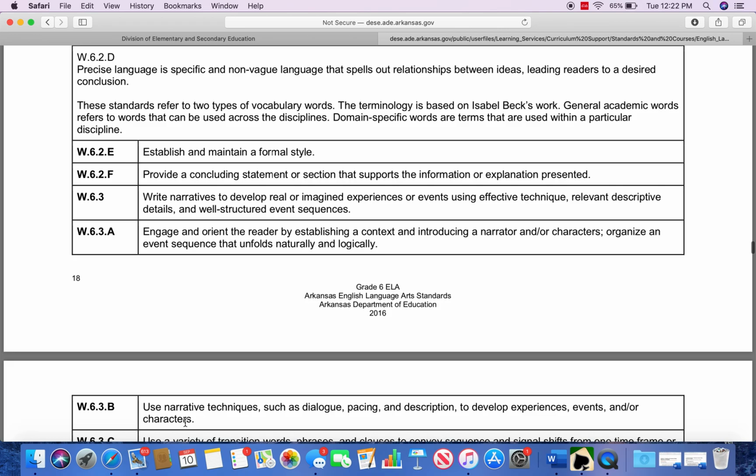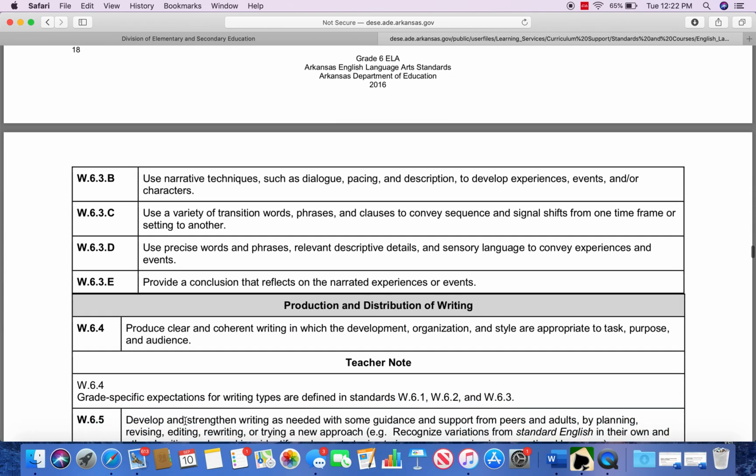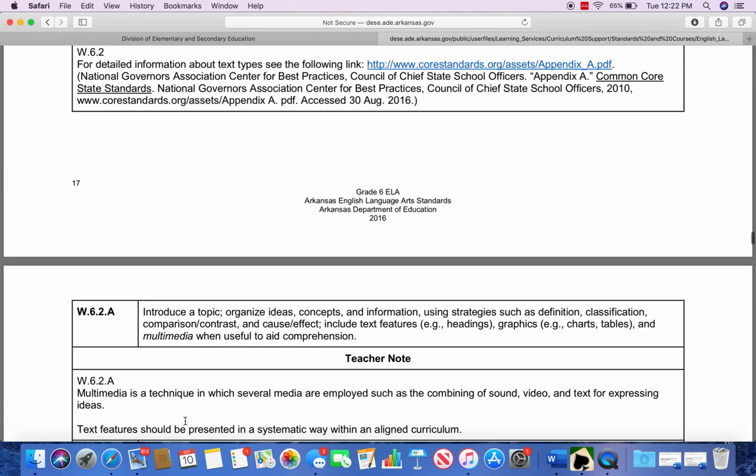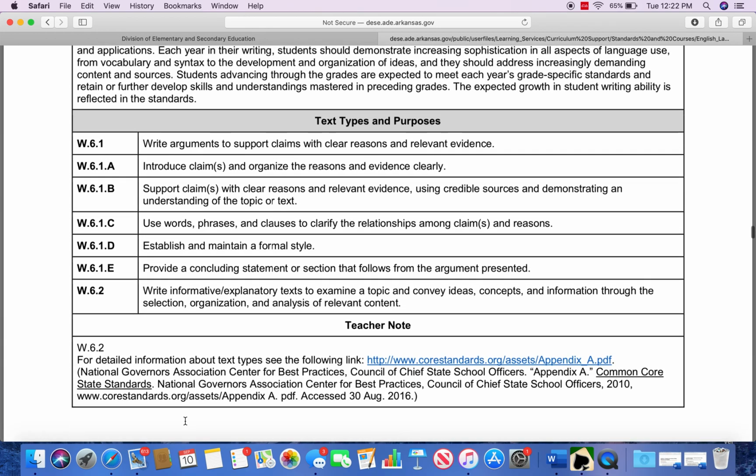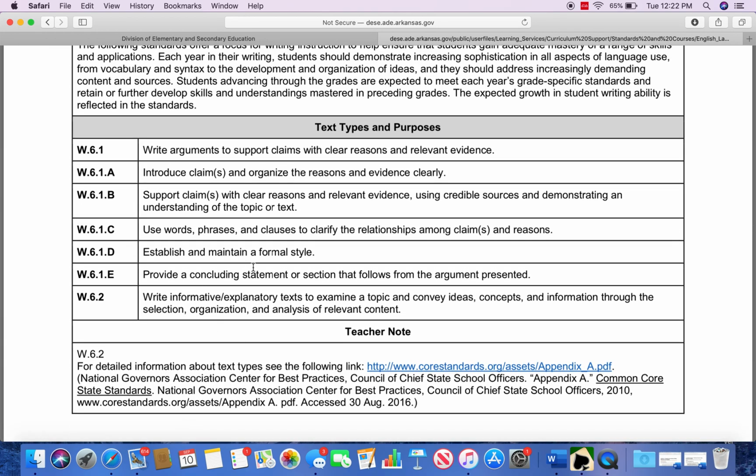You could bring them, let me look for a good one. 6.1c, using words and phrases and clauses to clarify relationships among claims and reasons. Write an argument to support the claims. Establish and maintain a formal writing style.